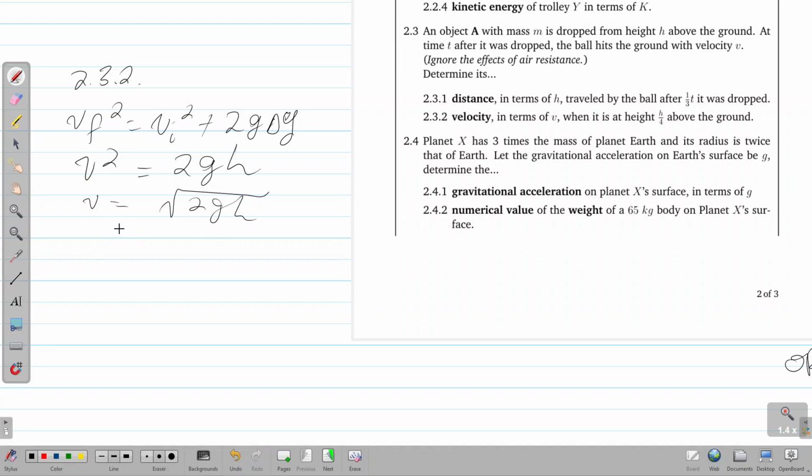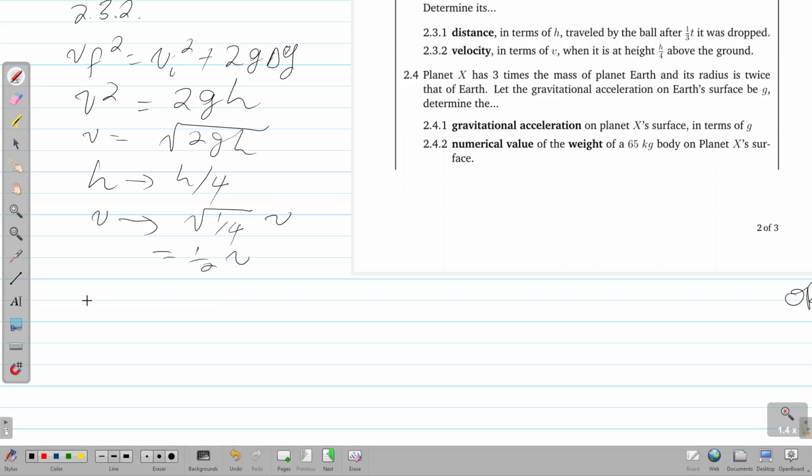So if I change h to h over 4, a quarter, then the velocity, the new velocity, the velocity itself is going to change by the square root of this factor. So it's going to change by the square root of 4. So that means that the square root of 4 is going to be 1 over 2 v.